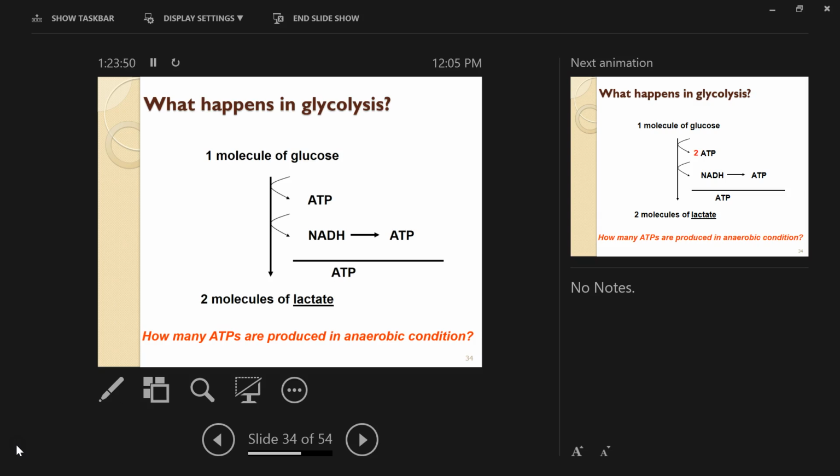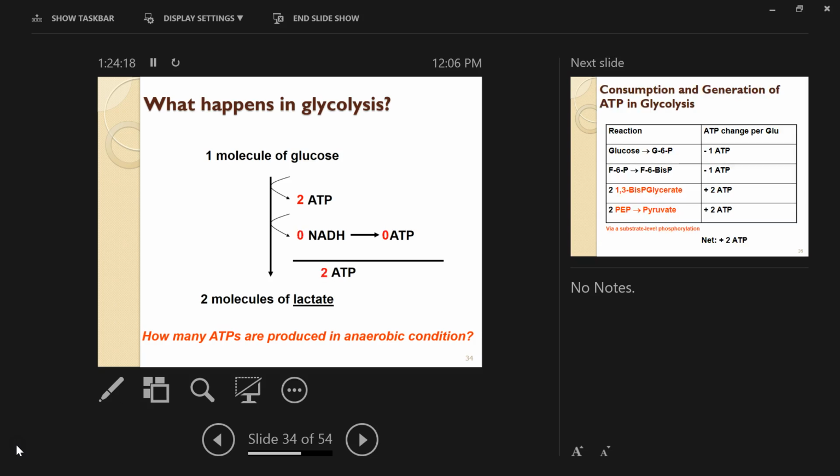And we just talked about it, right? 2, yes, same. 2 produced, 4 in the second stage, but 2 consumed in the first stage. So net ATP production would be 2. And what about NADH? How many NADH would you expect? Again, 0, yes, under the anaerobic condition, so 0.